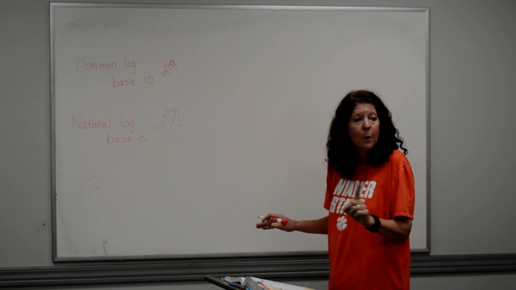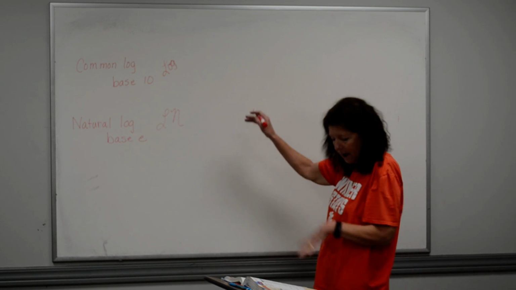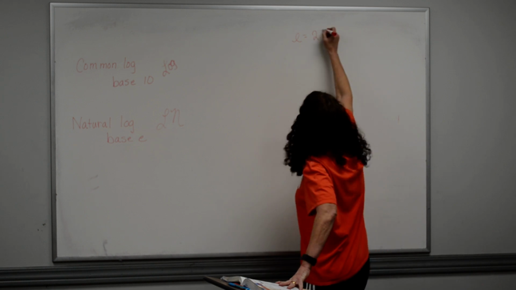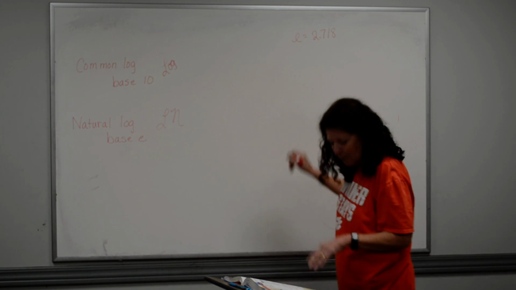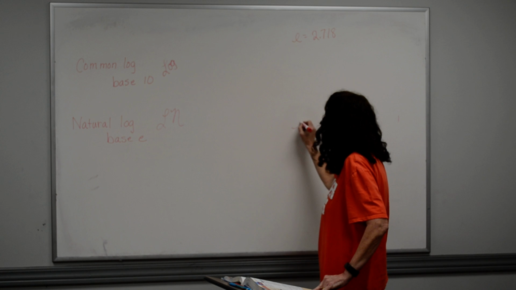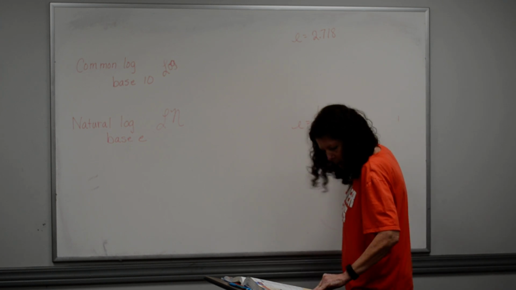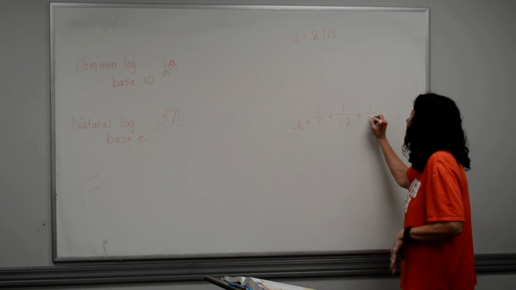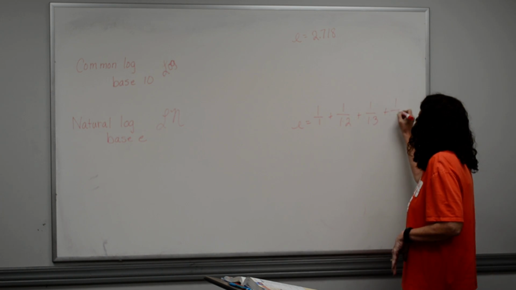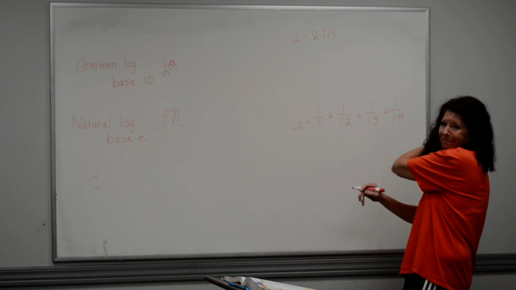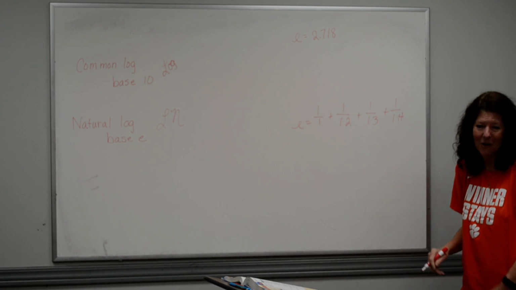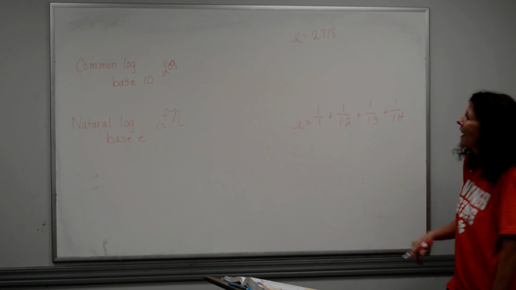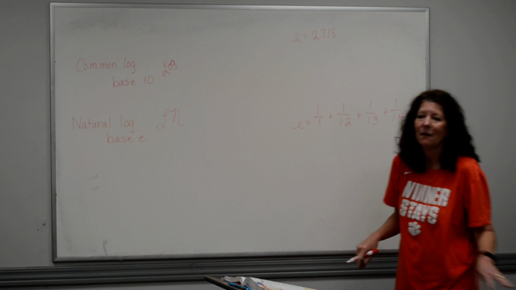Oh, by the way, if you want to know how they got e equals 2.718, it was acquired like this: e is equal to 1 plus 1 over 1, plus 1 over 1 times 2, plus 1 over 1 times 3, plus 1 over 1 times 4, and they keep going on and on forever.